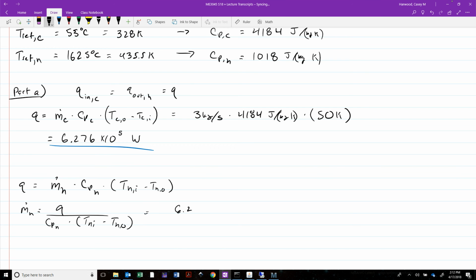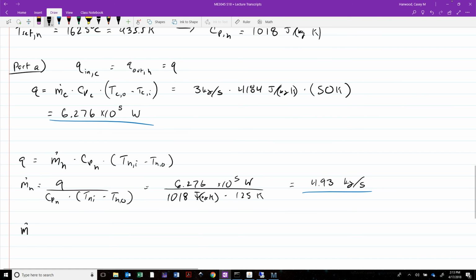It should be that 6.276 times 10 to the 5th watts divided by 1018 joules per kilogram Kelvin times, in this case the hot air enters at 225 Celsius, leaves at 100 Celsius, so this is 125 Kelvin here. And this should give us a number of approximately 4.93 kilograms per second. Okay.